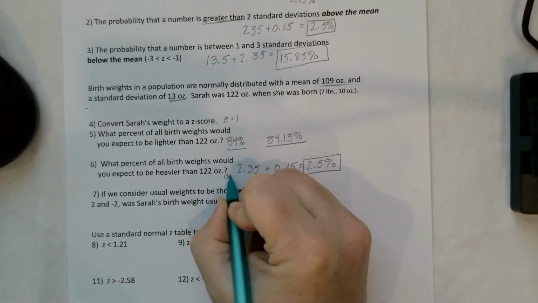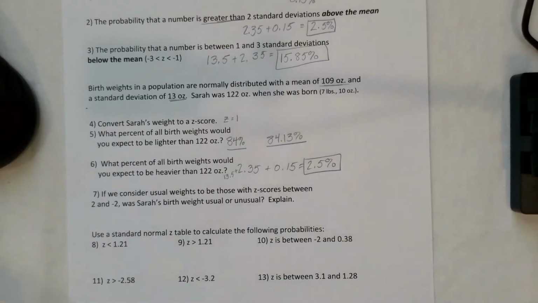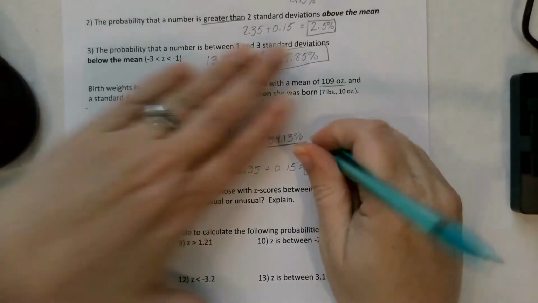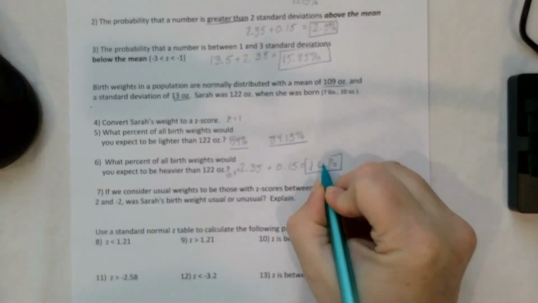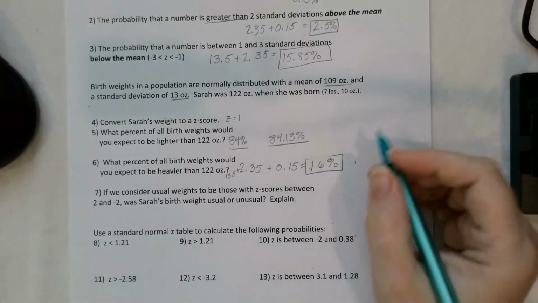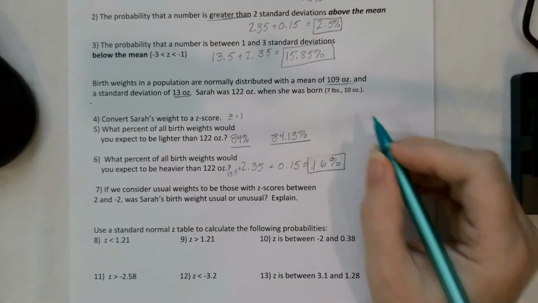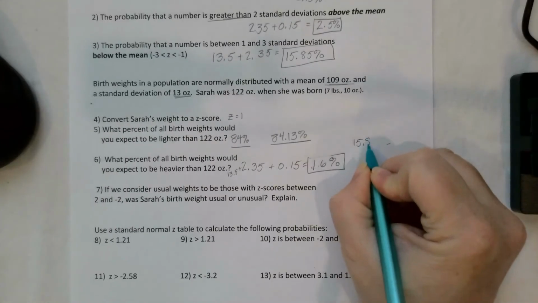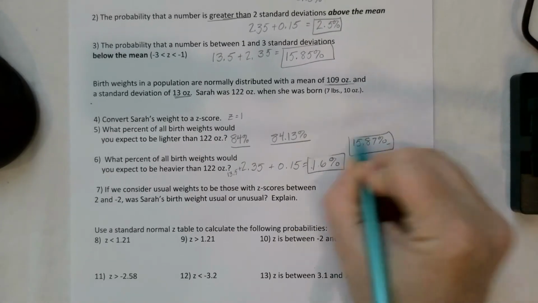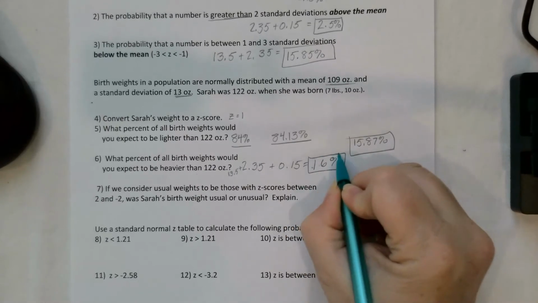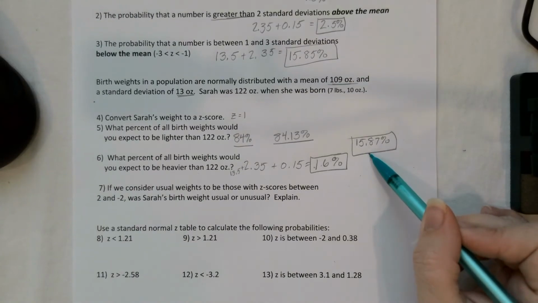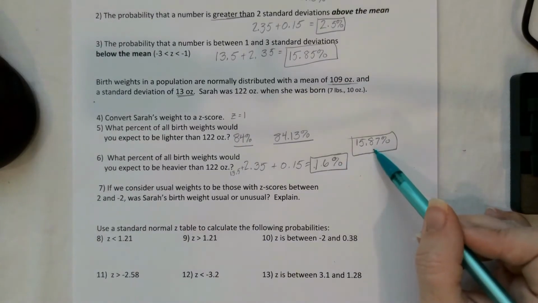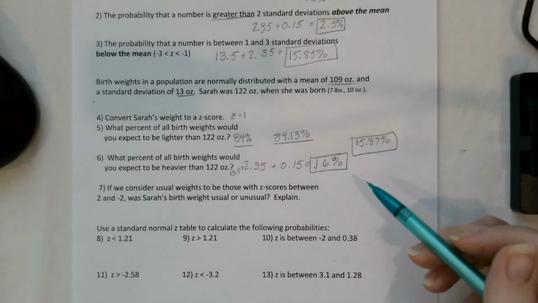So 13.5 plus, let's see, that gives me 16% there. Or if I do the 100% minus 84.13, that gives me 15.87%. So again, I would have to specify whether I want you to use the bell curve or the z-score table, but you can see that they're very close. 15.87 and 16%, very, very similar.